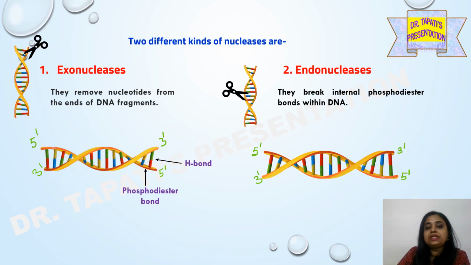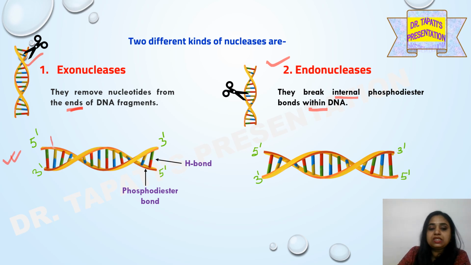Already I told you there are two different kinds of nucleases, exonucleases and endonucleases. Exonucleases remove nucleotides from the ends of the DNA fragments, whereas endonucleases break internal phosphodiester bonds within DNA. Now, if you see, this is one DNA molecule. 5' to 3' exonuclease removes nucleotides from the 5' end.